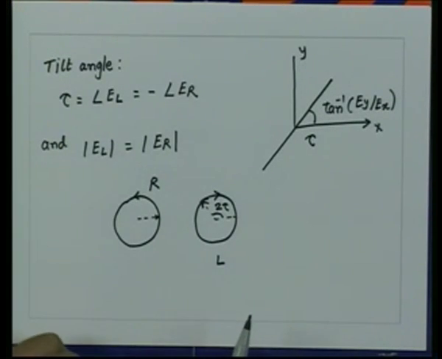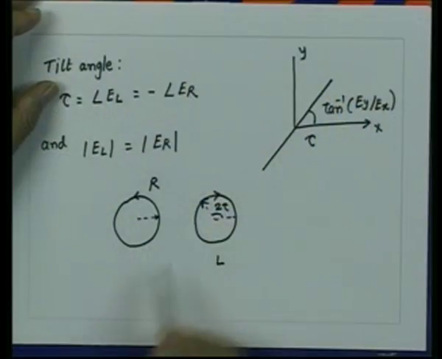So, for generation of a linearly polarized wave by combination of two circularly polarized waves, essentially you should have two circularly polarized waves which have equal magnitude, and then at the instant of time when these two waves start propagating, their vectors should be oriented such that the angle between these two vectors is equal to 2 tau, and then they will meet halfway. So, you will get a linear polarization which will be inclined at an angle of tau.